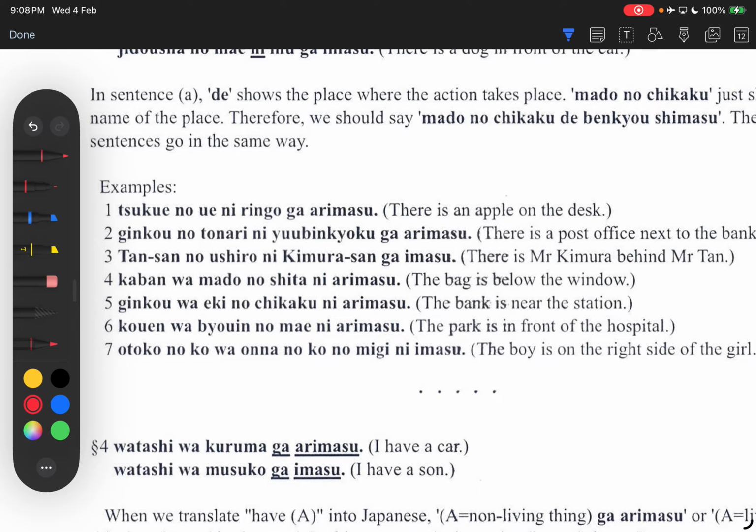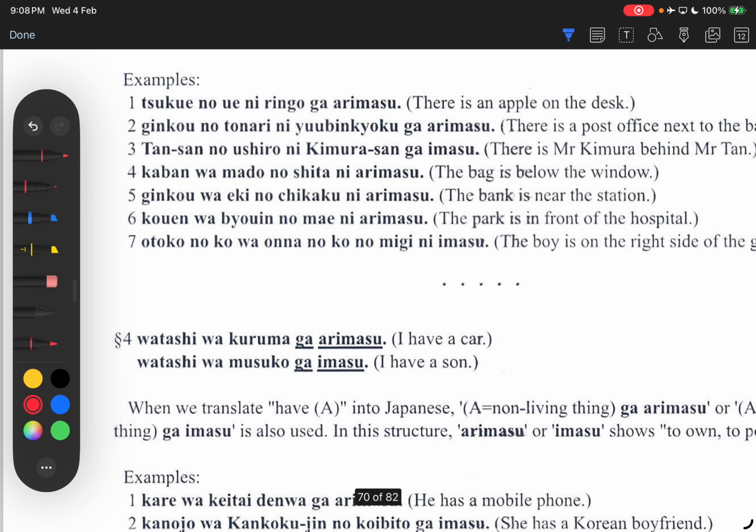Number 2. 銀行の隣に郵便局があります. So 隣に, right, beside the bank. Then what is there? 郵便局. Right, the object here is 郵便局, the post office. Then we look at number 5. 銀行は駅の近くにあります.